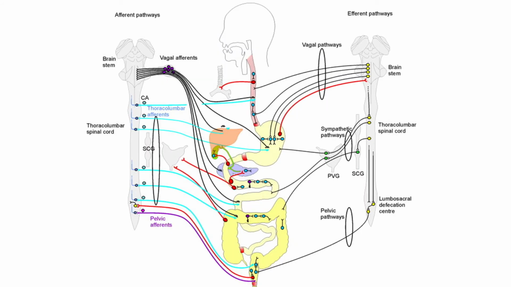Here we can see the overview of the enteric nervous system, which I will discuss further in detail. We can see that the enteric nervous system contains sensory and motor neurons, as well as interneurons that integrate information within the GI tract. This creates integrative circuits between ganglia, processing information from sensory receptors in the mucosa.